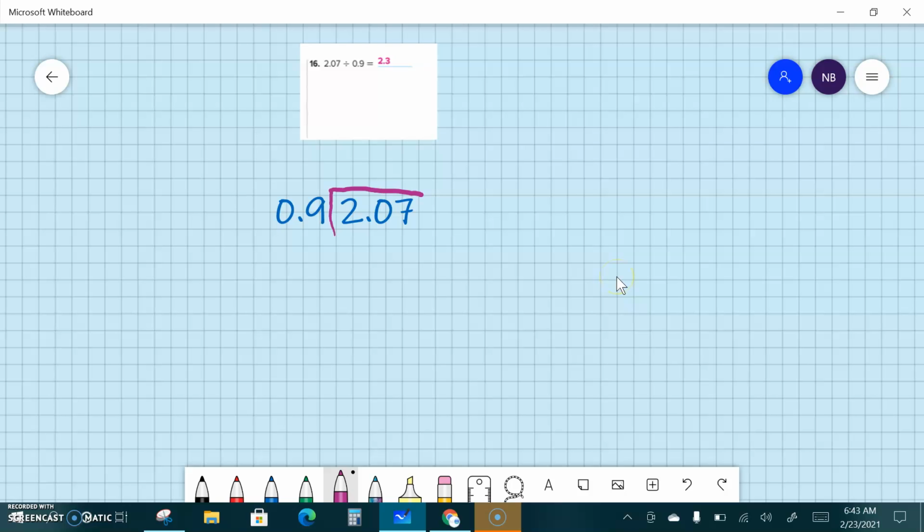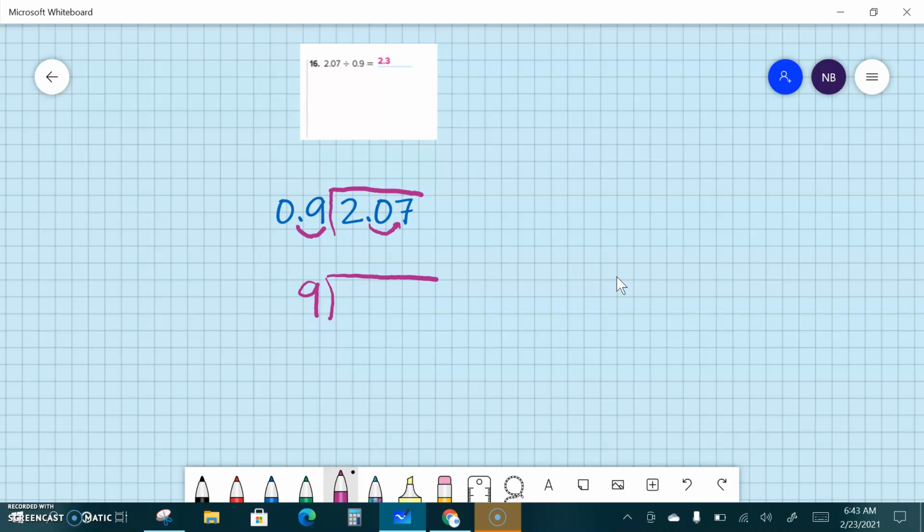First off, when I'm dividing a decimal by a decimal, I need to make the outside a whole number. So I'm going to move the decimal out of the way to the right one time because it'll take me to the end. So I now have 9 divided into 2.07. But whatever I do to the outside, I have to do to the inside also.